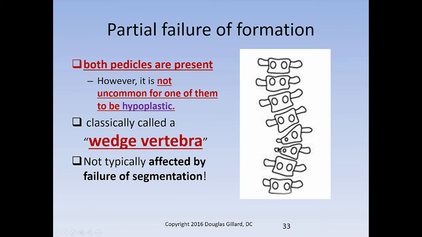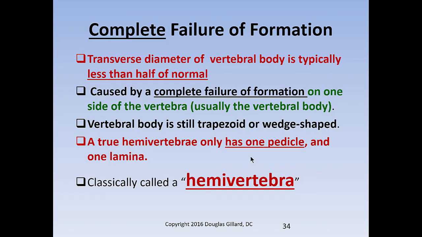These wedges are almost always segmented, so you don't use that extra failure of segmentation. Like, is this a partially segmented wedge? You don't say that. It's just a wedge, which is a partial failure of formation. I guess this is kind of confusing, isn't it? But you'll get it.